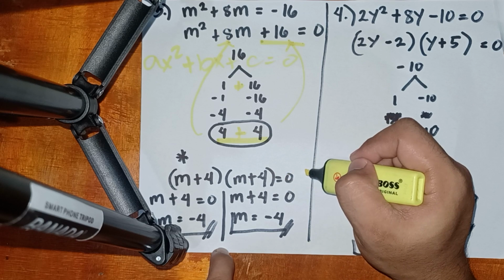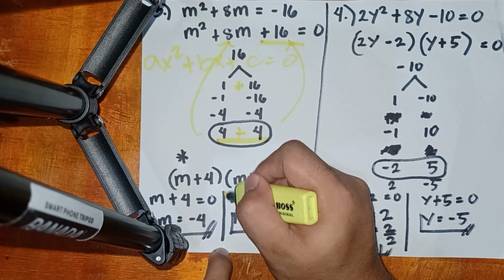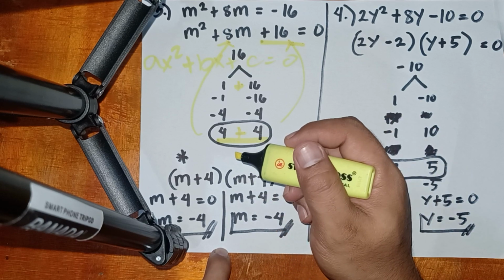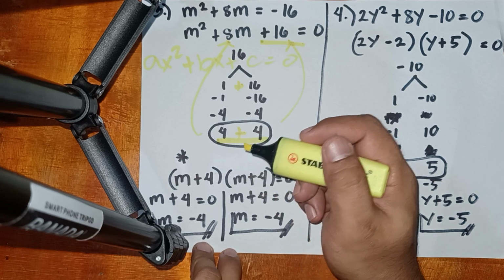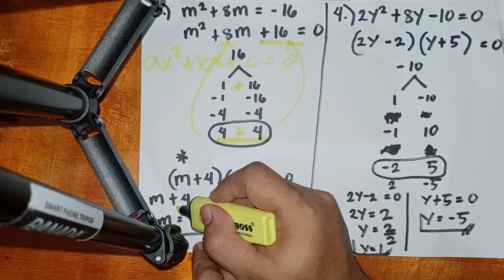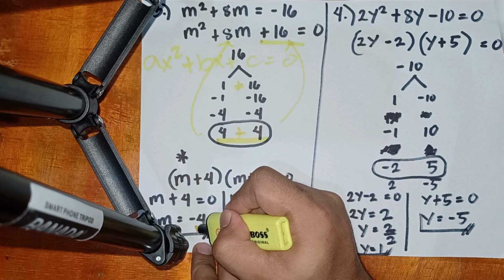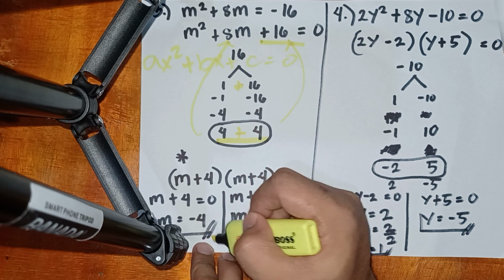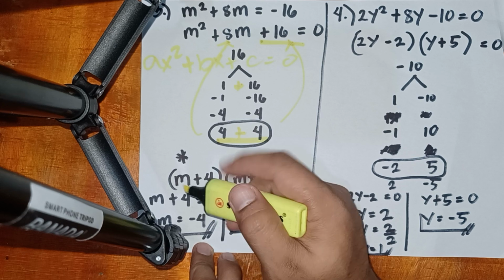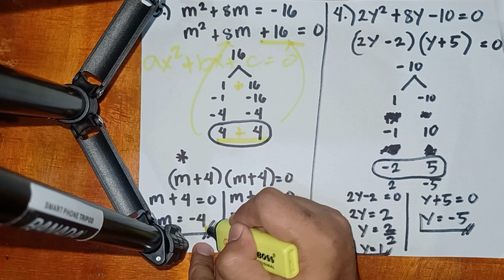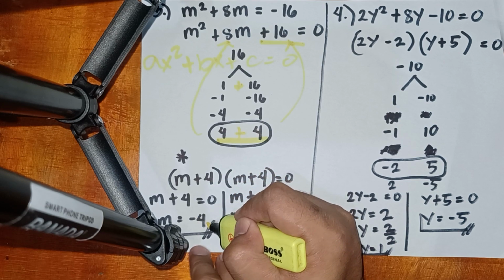From this equation, we can create two equations and equate both to 0. That's m plus 4 is equal to 0, and then transpose 4 to the right hand side of the equal sign, so m is equal to negative 4.